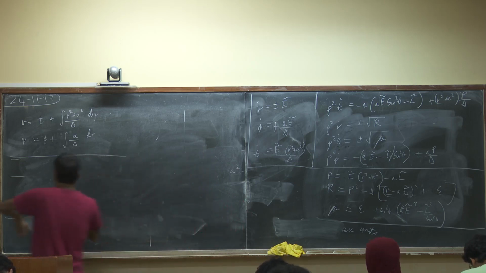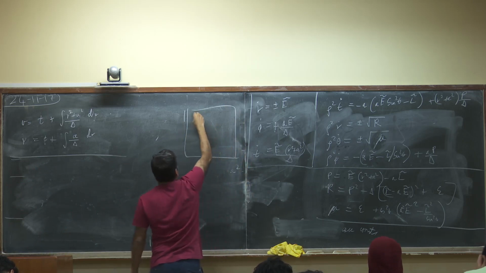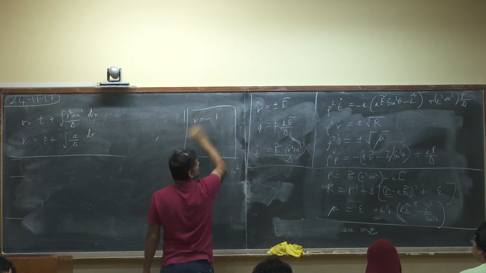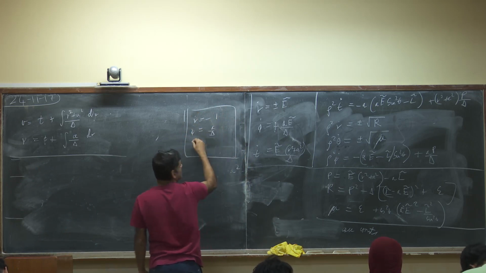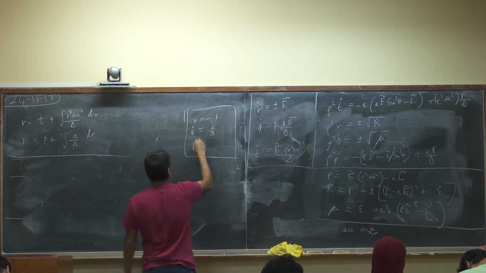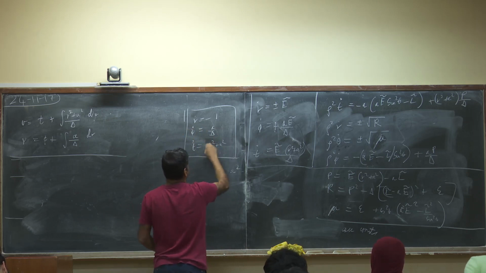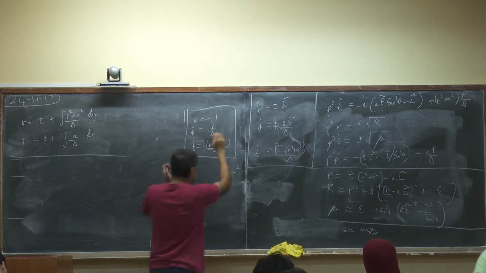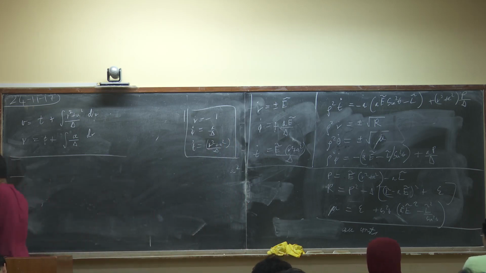And so this can be rewritten as R dot is equal to minus 1, phi dot is equal to A by delta, and T dot is equal to R squared plus A squared over delta. Okay.